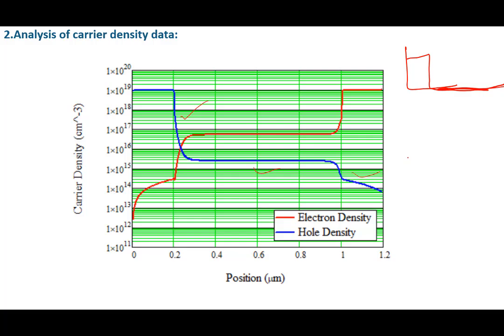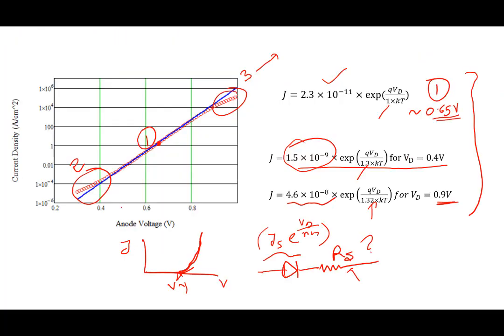Similarly, this is an important point: if I take a J versus V and I do a linear plot, I don't see any feature. I don't see that there is a lower region here, which has a different ideality factor. I don't see a higher region here. I don't see any of those features. Why? Because it's varying over a large range.